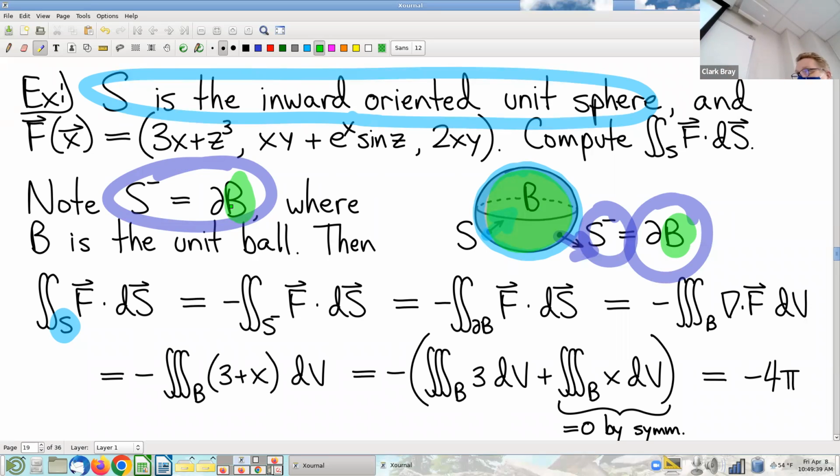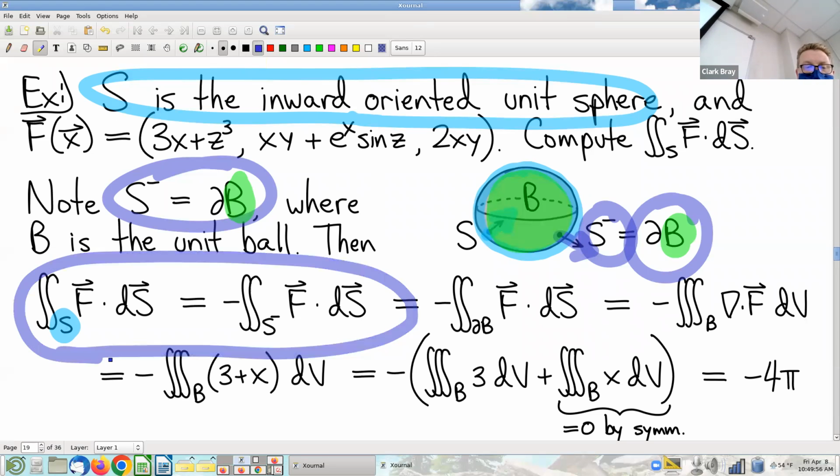I can apply Gauss's divergence theorem, therefore, to S minus. So the problem is, we're not interested in S minus explicitly, we're interested in S. So the first observation that you need to make is to note that the flux we're actually interested in is the negative of the flux through the opposite surface.